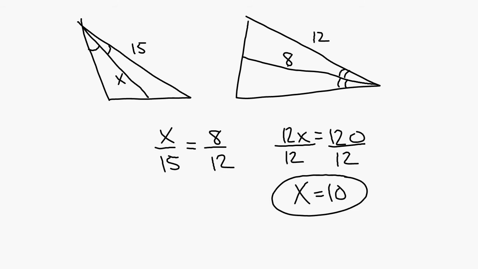Any questions there? Anybody? Altitudes, medians, and angle bisectors all have the same rule. The length of each is proportional to the corresponding sides in similar triangles.